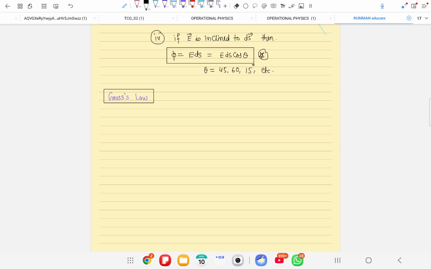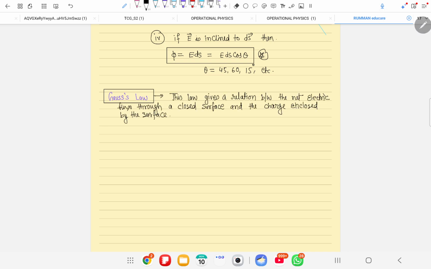It gives a basic relation between the net electric flux through a closed surface and the charge enclosed by the surface.